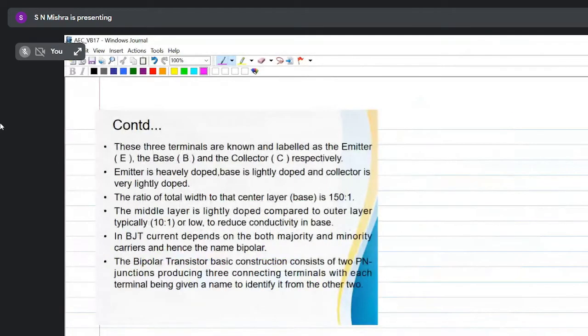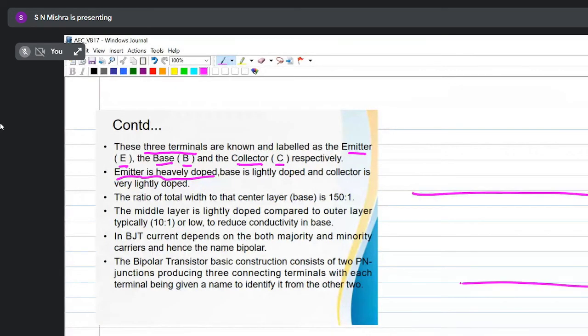So this is a short question you'll get. This transistor is a three terminal device labeled emitter, E; base, B; and collector, C. At fabrication time, generally the emitter is heavily doped. Suppose I try to construct this one: this is your emitter, this is your base, this is your collector.